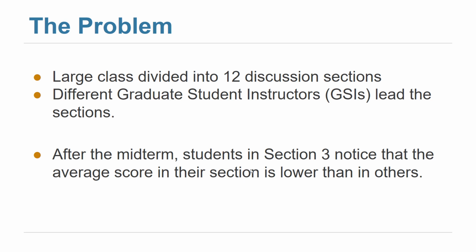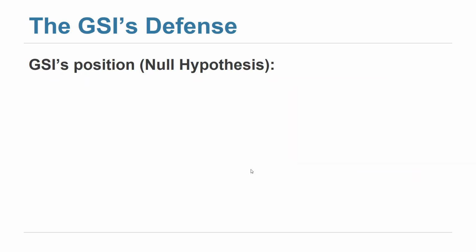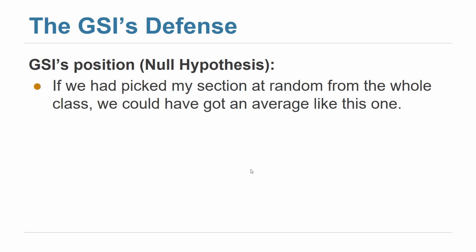Now, of course, especially since this class was statistics, the GSIs defended themselves. They said that it was not because of the teaching, it was just by chance. So the null hypothesis here is that if we picked any section at random from the entire class, we could have got an average like section 3. The GSIs are just saying that it happened by chance.